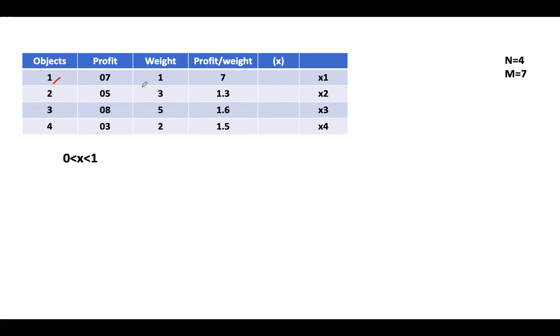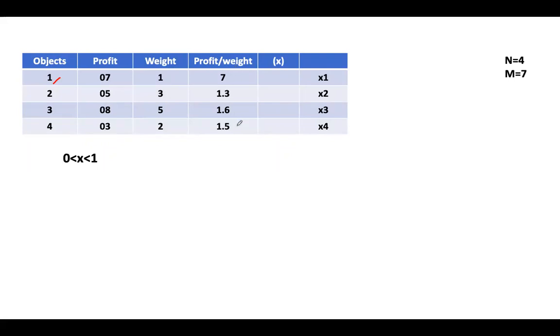That is 7 divided by 1, 5 divided by 3, 8 divided by 5, and 3 divided by 2. So this is the profit weight ratio for each of the objects. First, we have to calculate it. Once you calculate the profit weight ratio, the next thing is how we are going to pick the elements based on this.